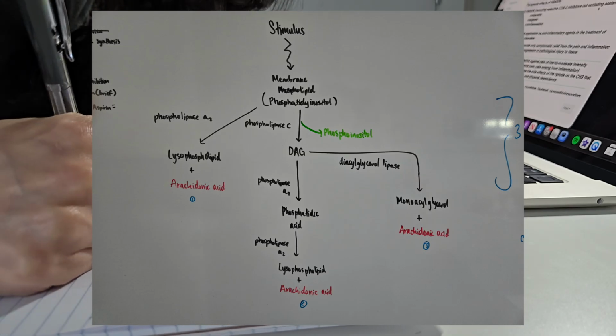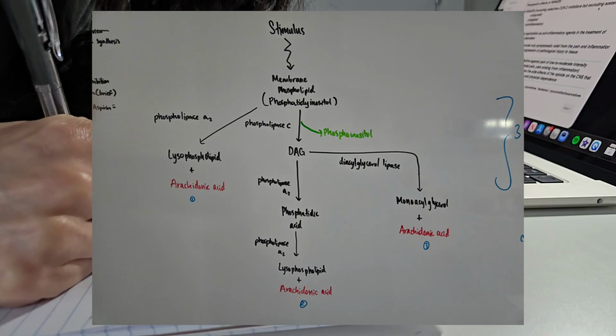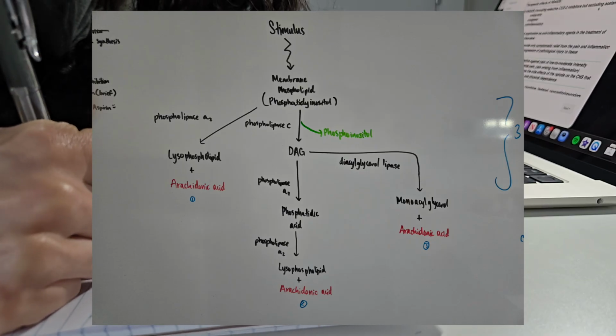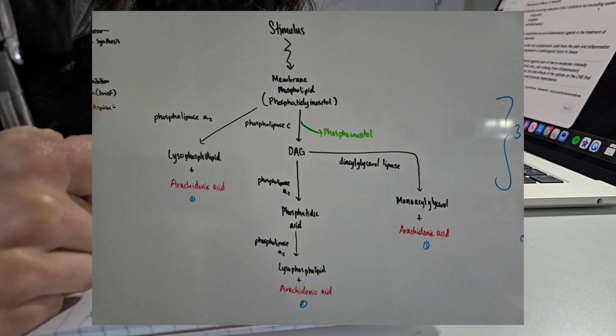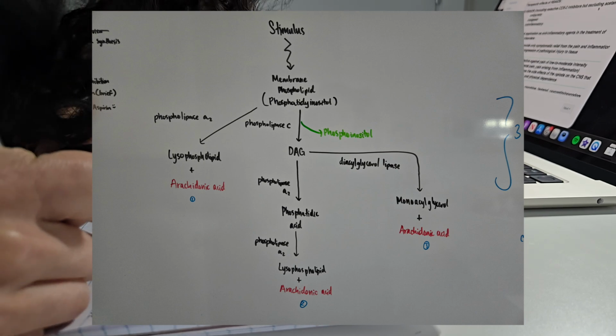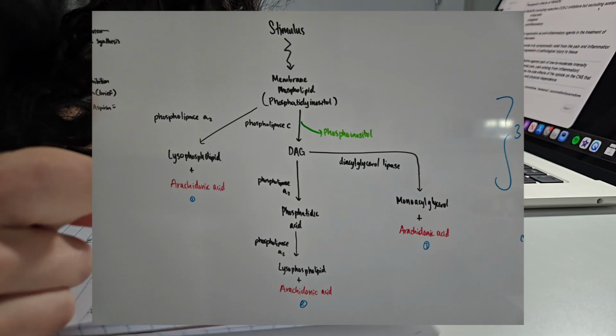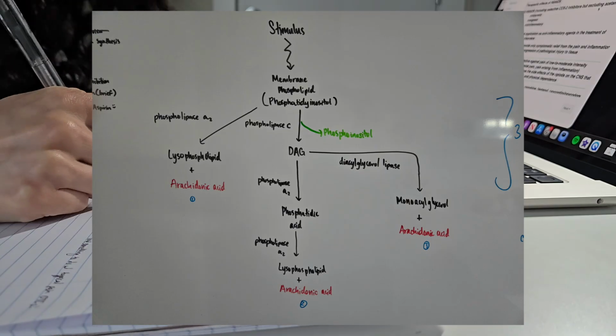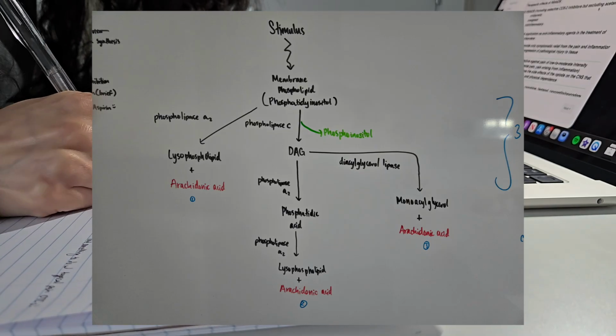The second way is you're going to go through DAG. If you remember, I talked about DAG in my other video. I believe it was, oh gosh, membrane phospholipid synthesis, to get to PC, or phosphatidylcholine. But in this example, we're going to use phospholipase C, which cleaves second messengers.